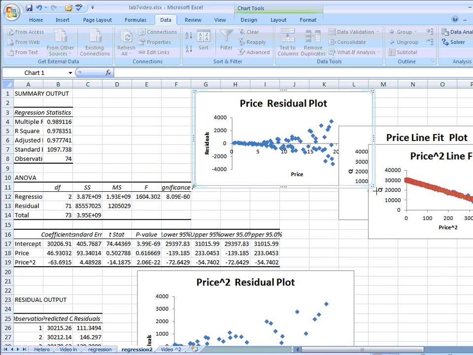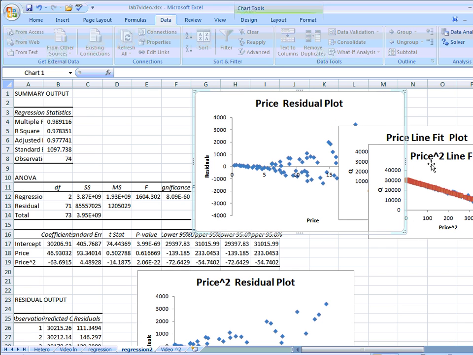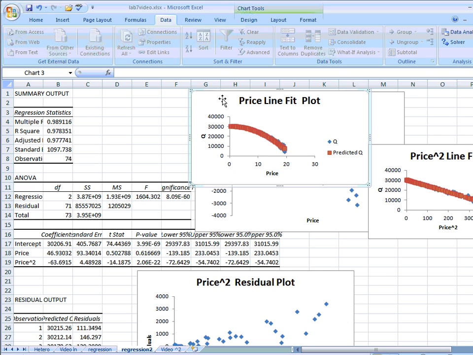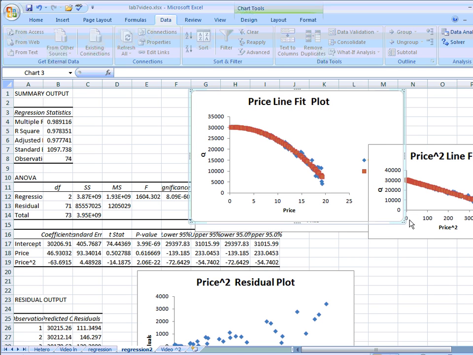And as I said before, we have a heteroscedasticity problem. That's a different video. We take this, line fit, pretty good.